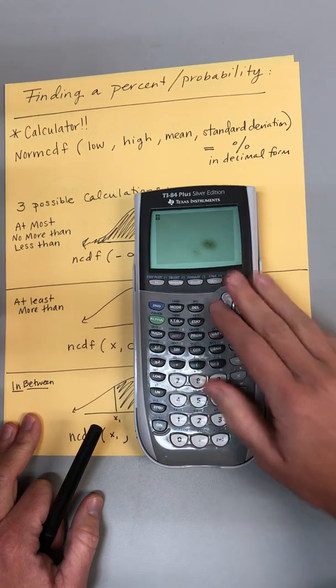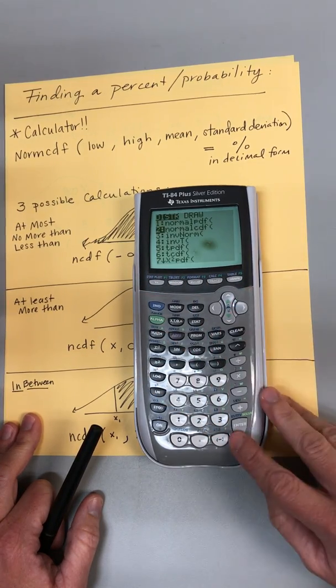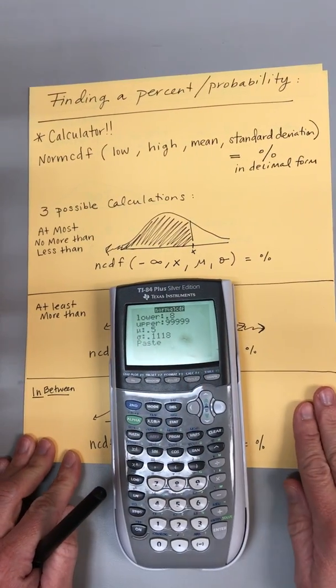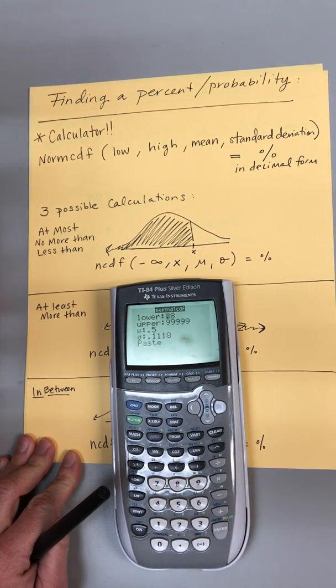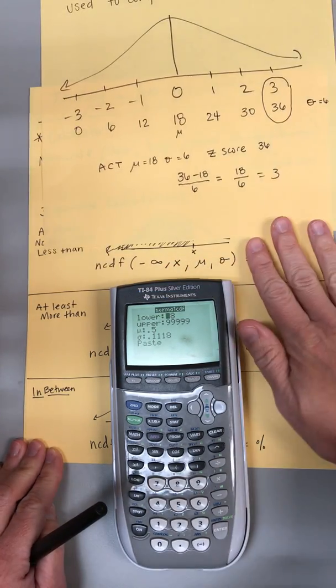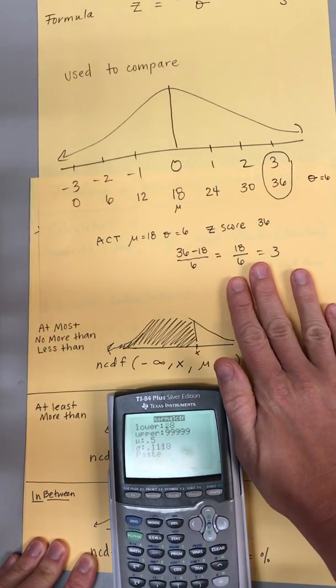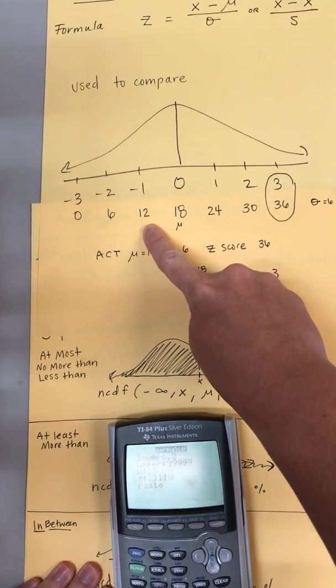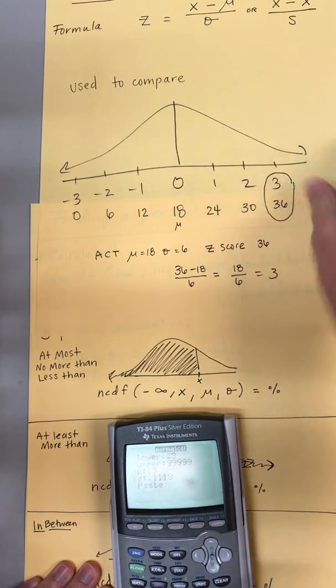So I'll go back to my screenshot here to make it just a little bit easier. But let's say we were talking about getting, I don't know, here, I'll bring up this curve. Let's say your question was, what is the probability of getting at most a 12 on the ACT? Let's do it in between instead.